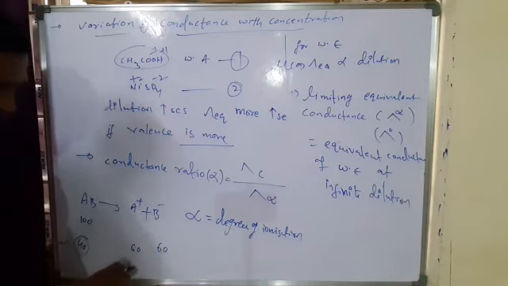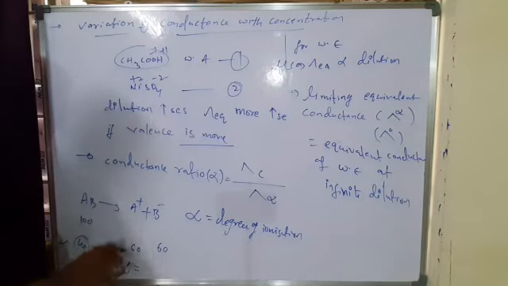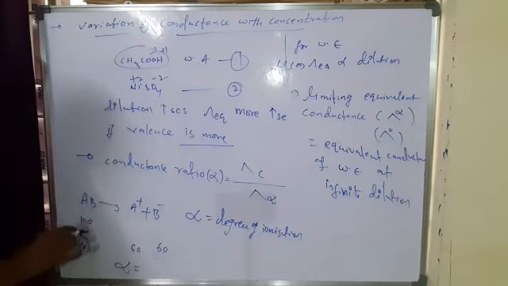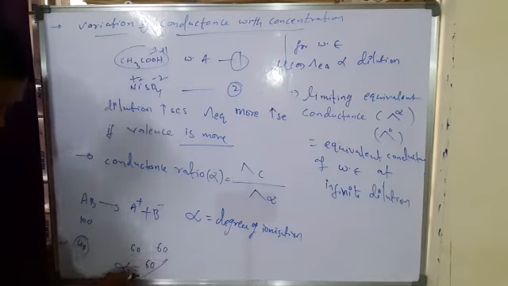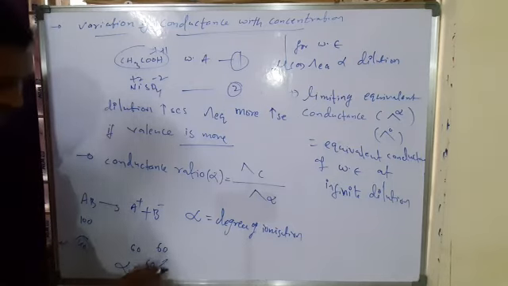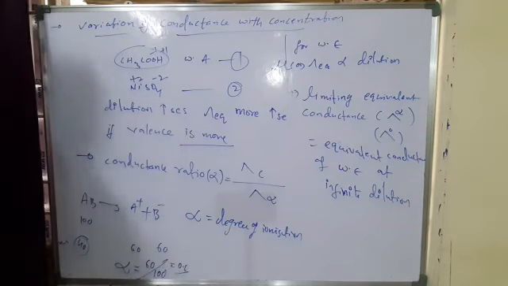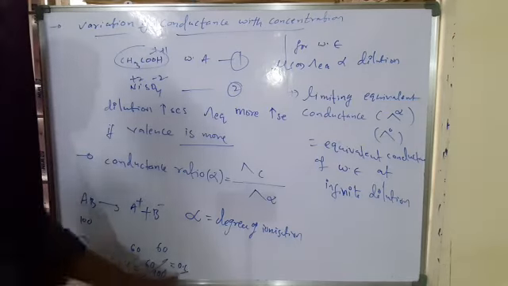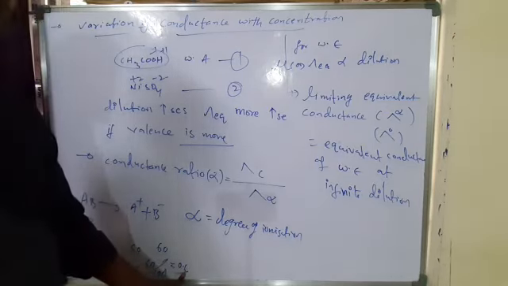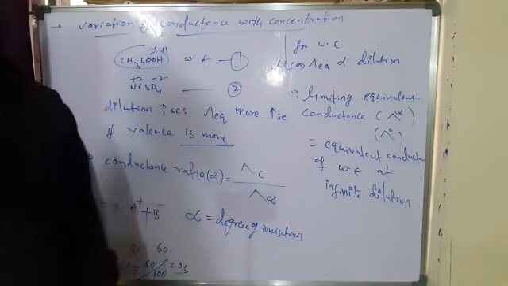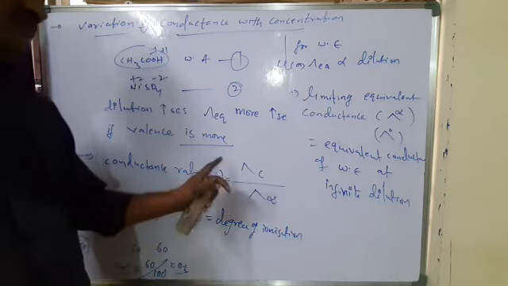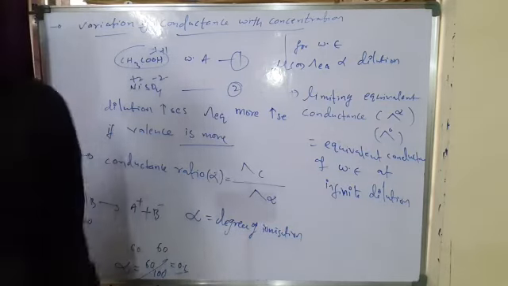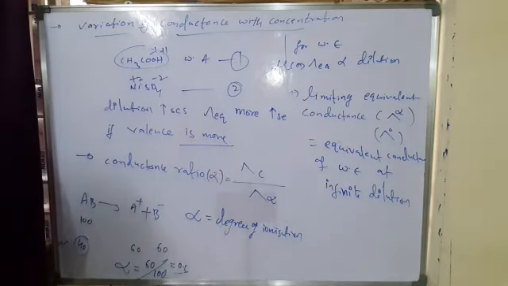So the degree of dissociation is 60 by 100, equal to 0.6. The percentage of ionization is obtained by multiplying by 100. So the conductance ratio also equals the degree of ionization.